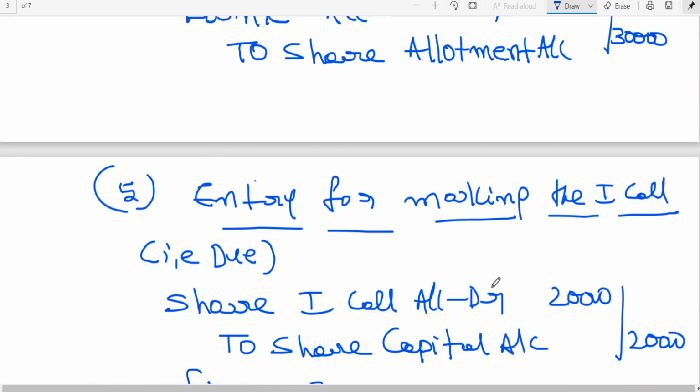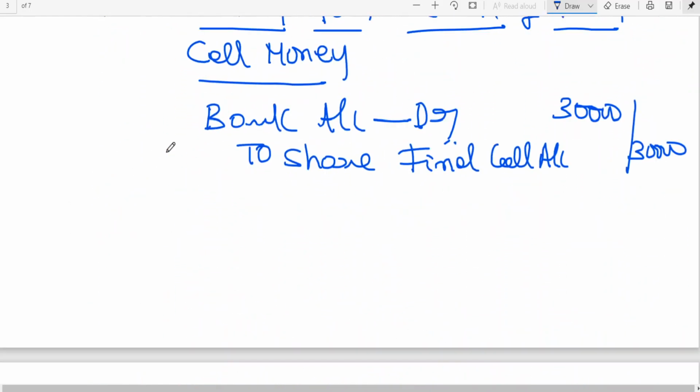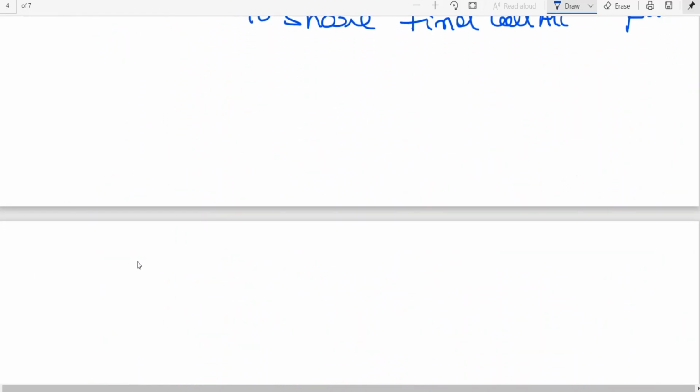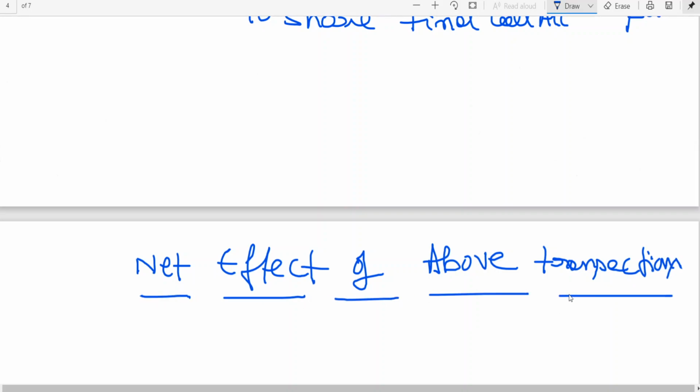Now, in yesterday's class I told you the net effect of all these things. You recollect when I was comparing sole proprietor, partnership and company in the last class.